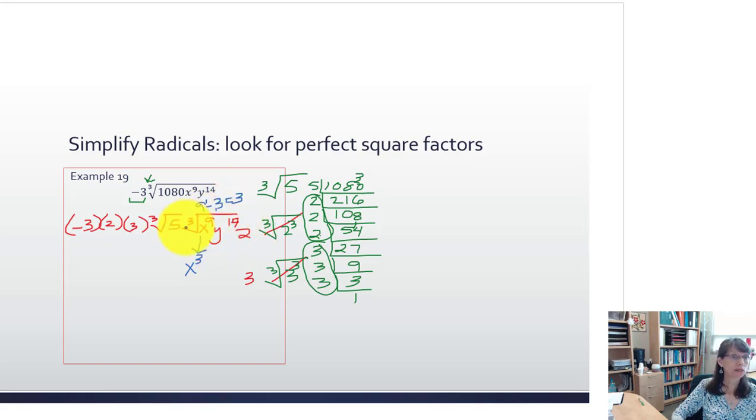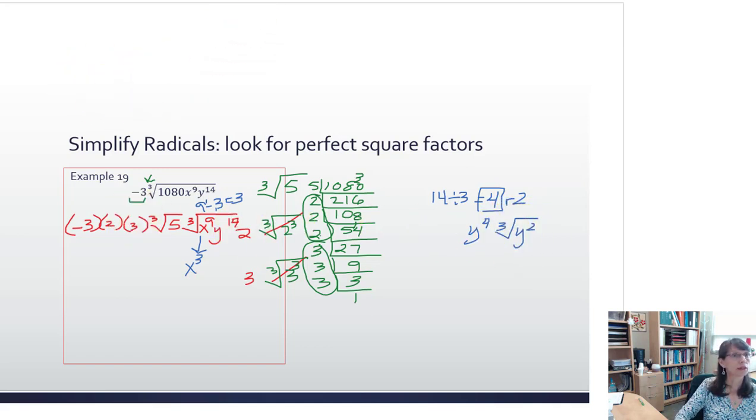With 14 divided by 3, that will give me 4, remainder 2. So 4 will clear the radical. That would give me y to the 4th. However, 2 bases of y would remain under the cube root. So that would look like this, cube root of y squared.